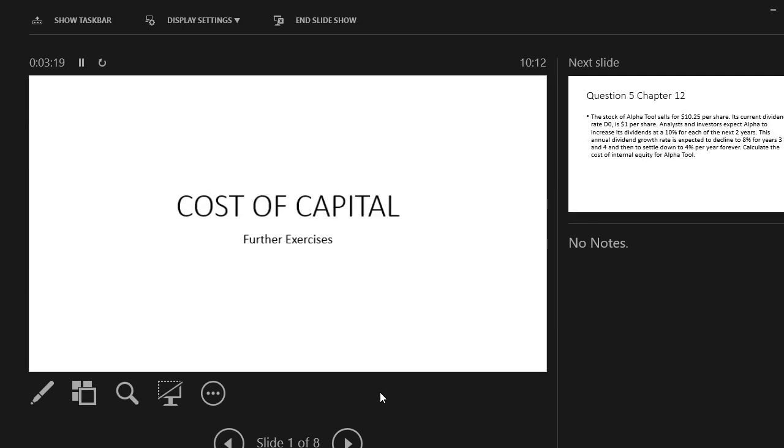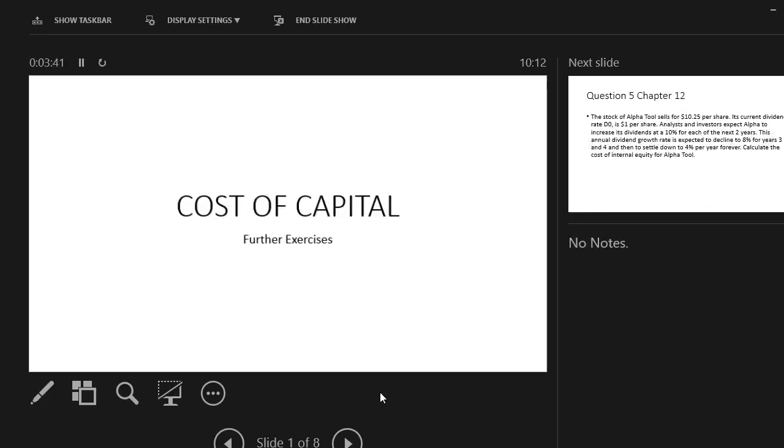What I want you to know is that when we're looking at capital, remember capital comes in three forms. We have the cost of debt, right?